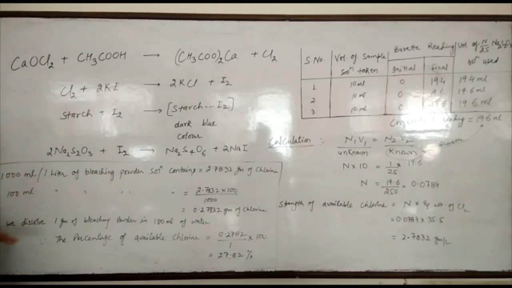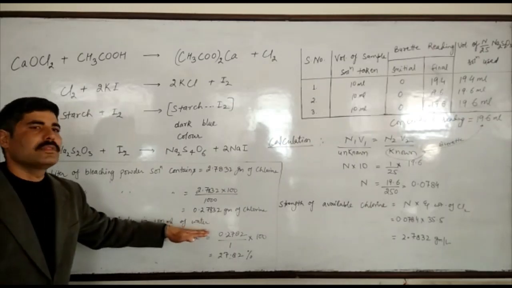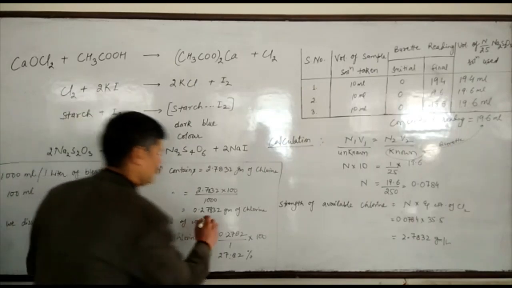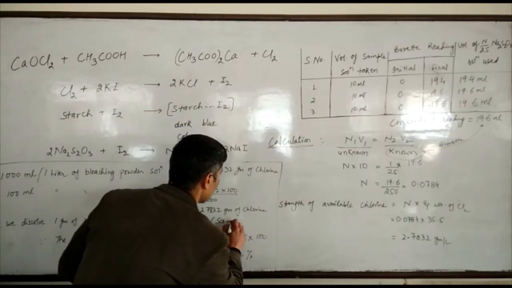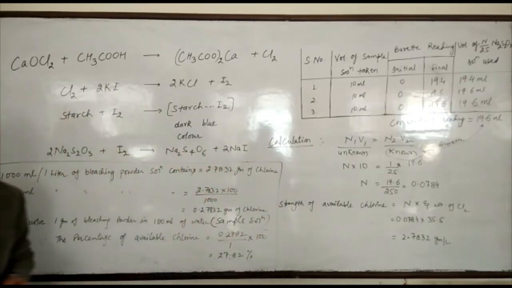Why do we convert this into 100 ml? Because we dissolve 1 gram of bleaching powder in 100 ml of water to prepare the sample solution in which we have to determine the percentage of available chlorine.